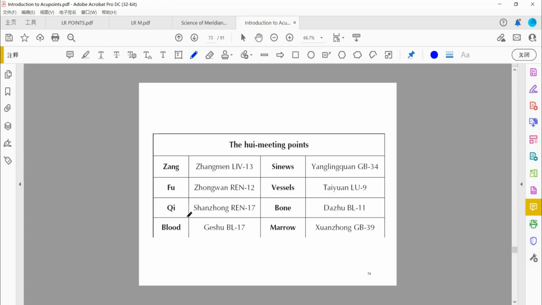If there's a bone problem, any syndrome, any disease, as long as it's about the bone, you can use BL11. If it's a blood problem, blood heat, blood cold, blood stasis, any syndrome, you can use BL17. Okay, those are the influential points.